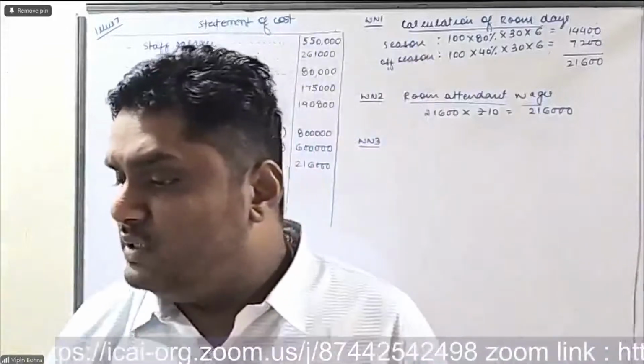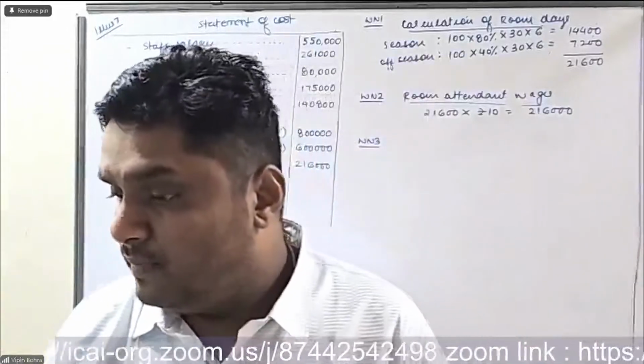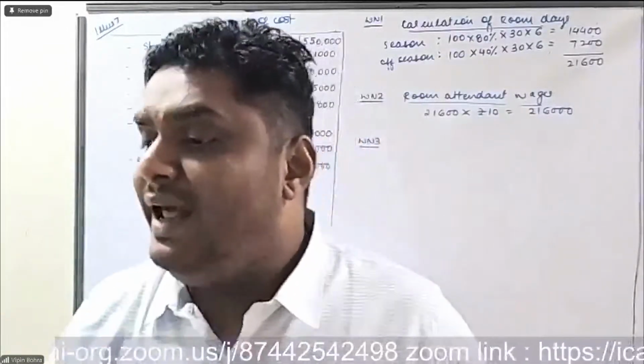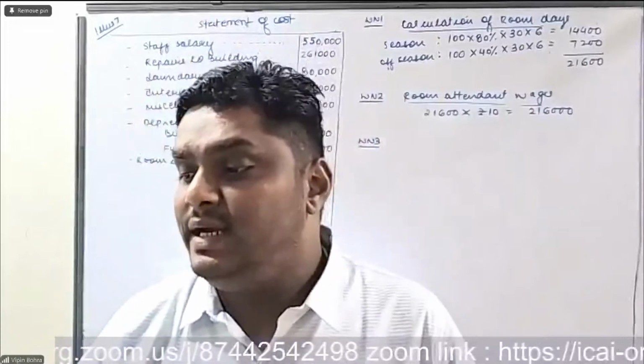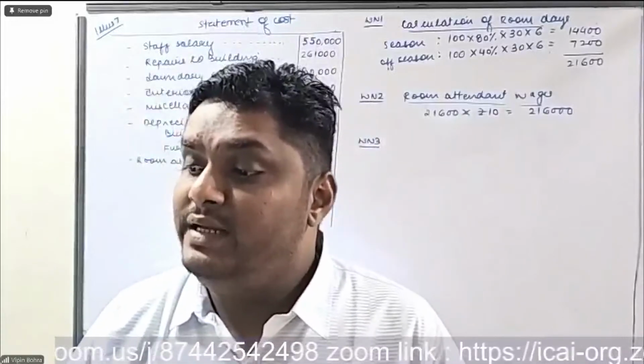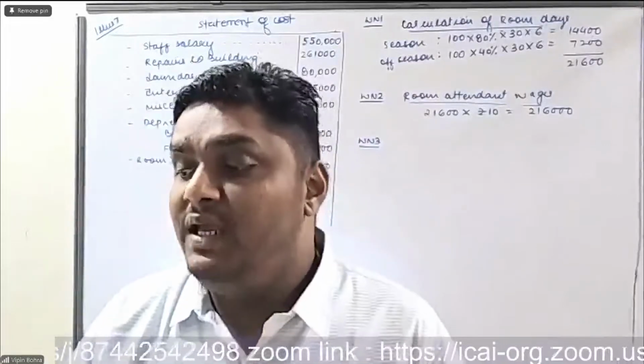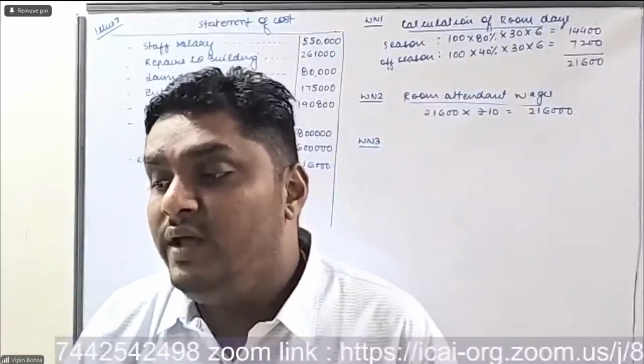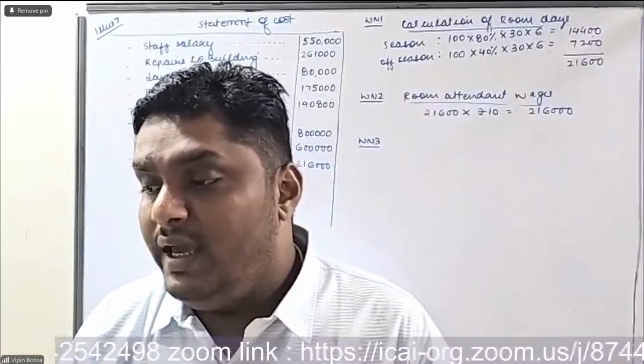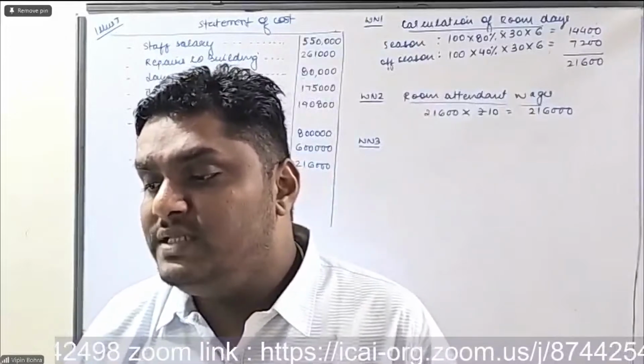Now further the question is asking us that the monthly lighting charges, not the daily lighting charges, the monthly lighting charges are 120 per room, except in 4 months in winter when it is 30 per room. Again, it depends upon the occupancy.